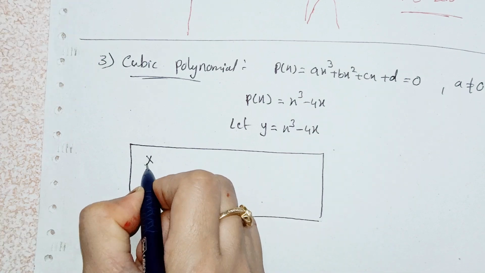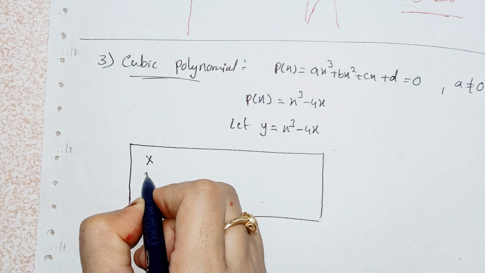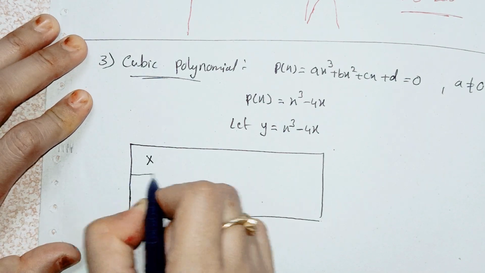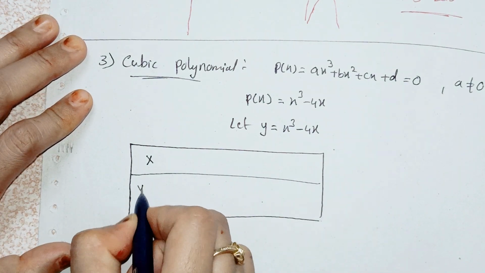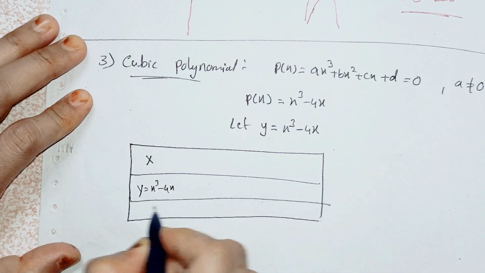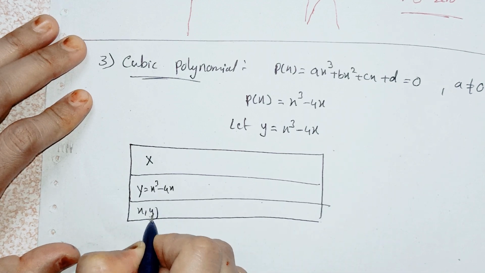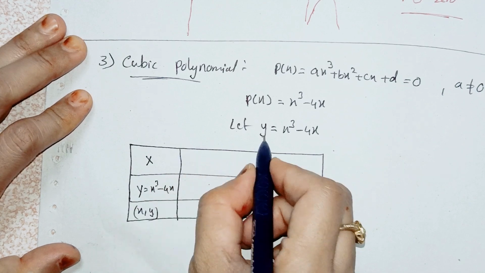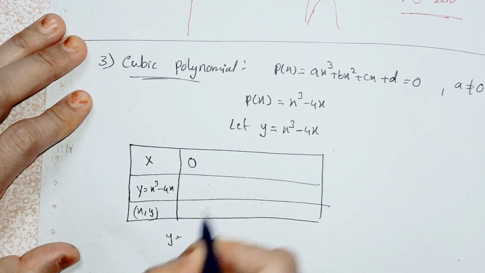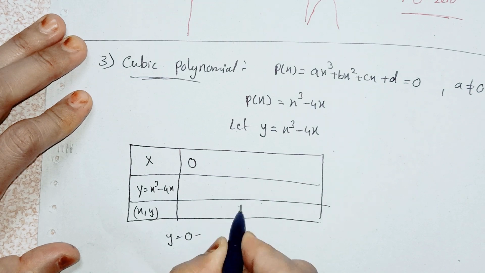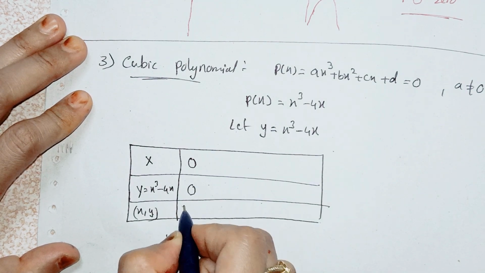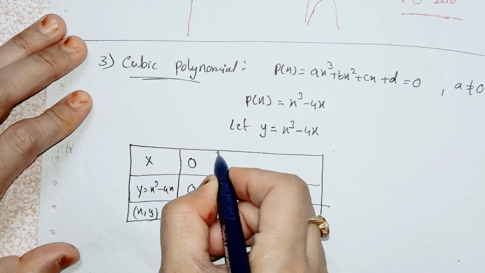So x, then y equal to x cube minus 4x, then x comma y. If I take x as 0, then y is 0 minus 4 into 0, which is 0. So the coordinates are 0 comma 0.